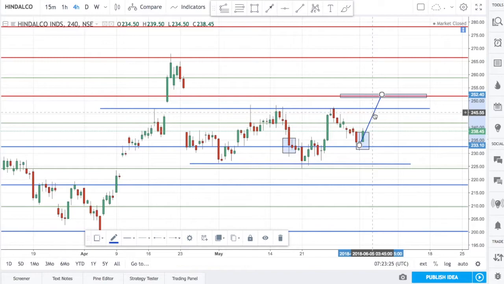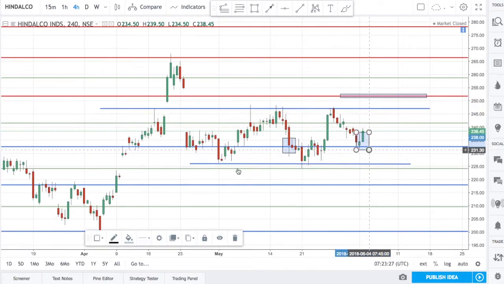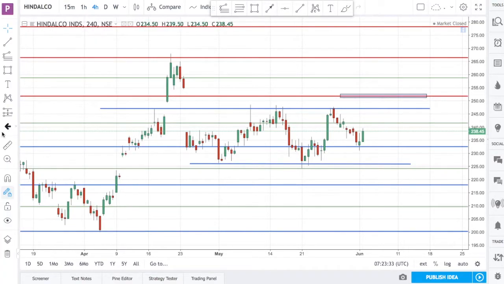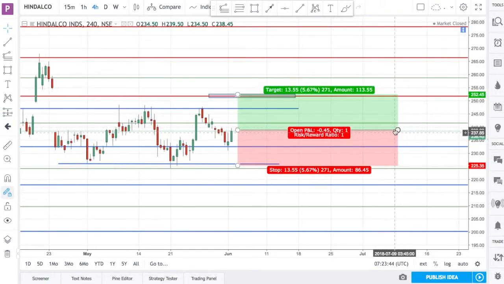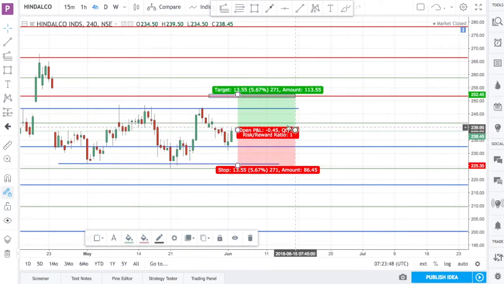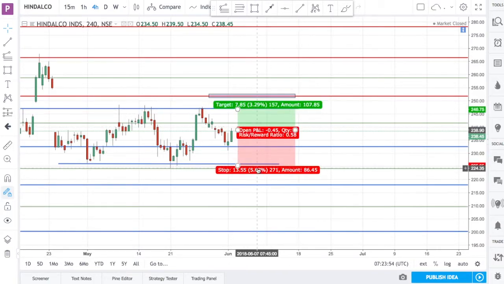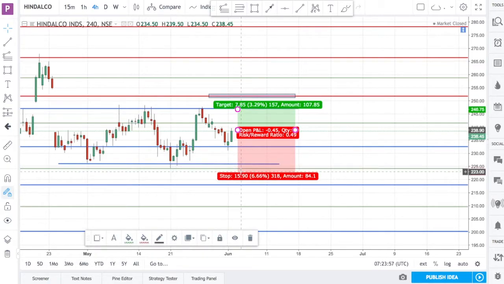So keeping that in mind, let's see where we can place our targets. Assuming you place a trade somewhere here in the next trading session, our first target would be this, with a stop loss just below this low point.